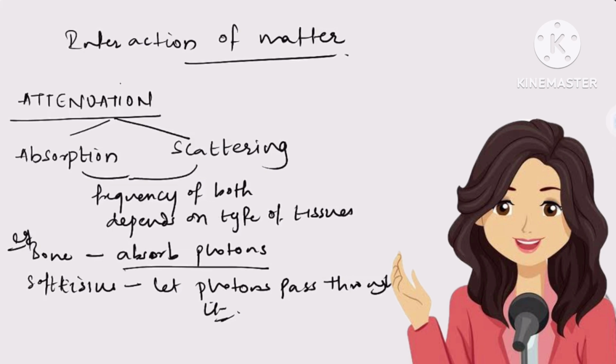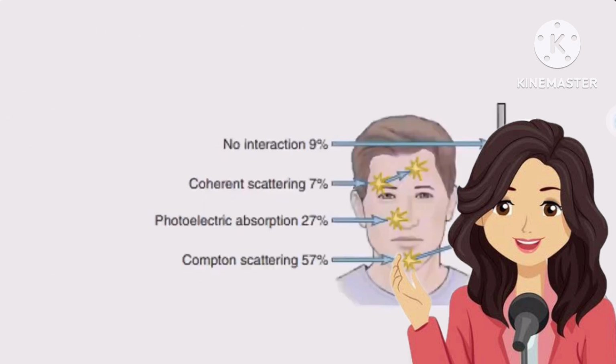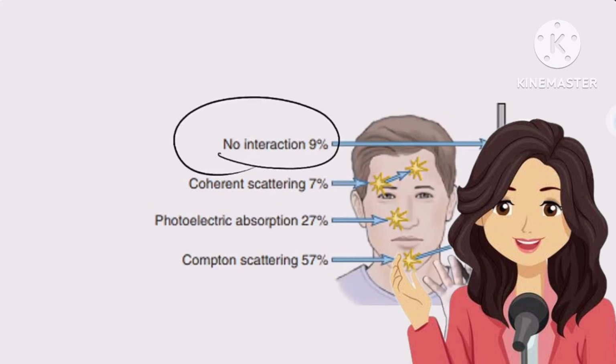All right. In a dental X-ray beam, there are three means of beam attenuation, meaning three interactions that can take place, that we are going to study. Just remember, 9% of photons will have no interaction at all. They will directly reach the film.